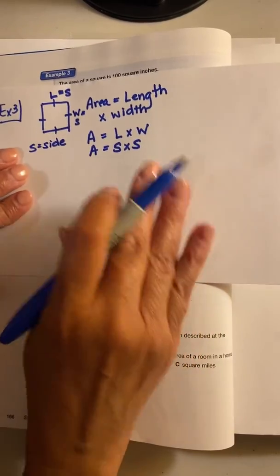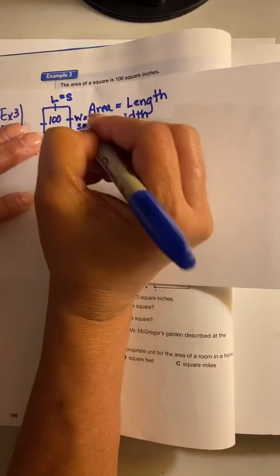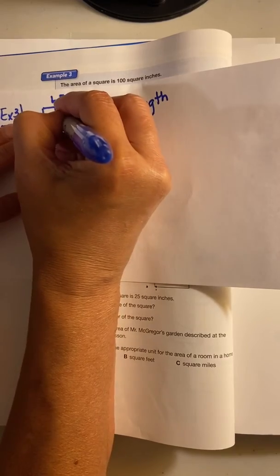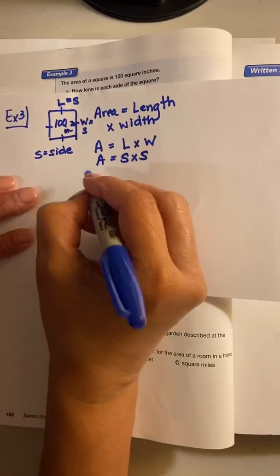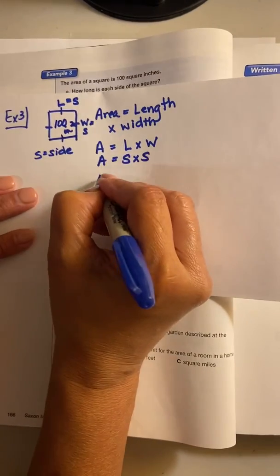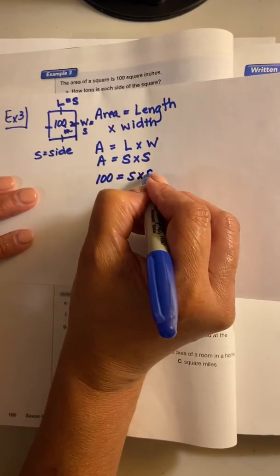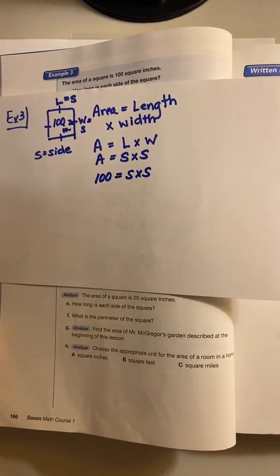Now, one thing they did tell us is that this square has an area of 100 inches squared. That's the area, and I'm going to put that in here. 100 inches squared is equal to side times side. Since they're both the same, think back and remember what number multiplied by itself equals 100.